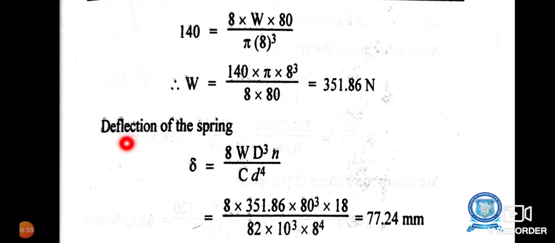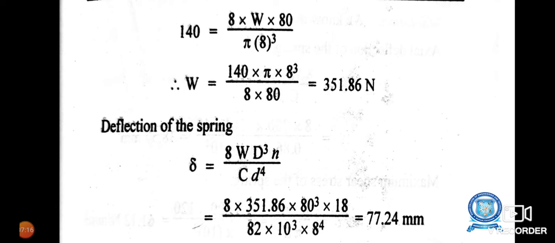Next we find the deflection of the spring. Del equals 8 W capital D cubed n divided by C small d raised to 4.